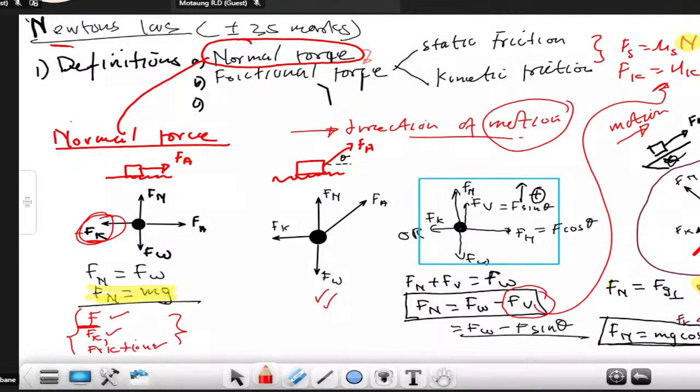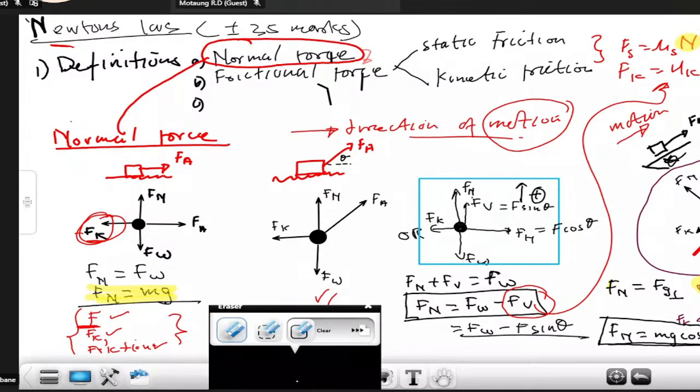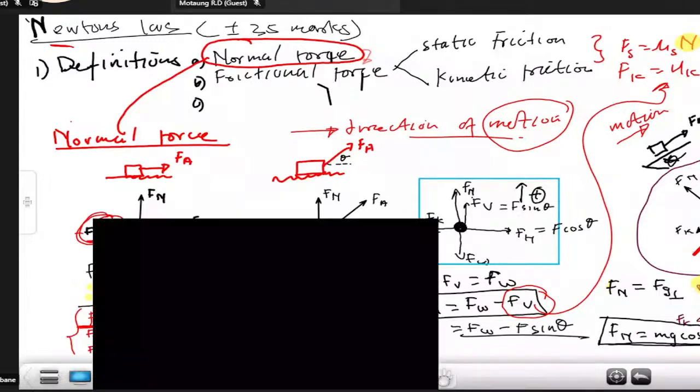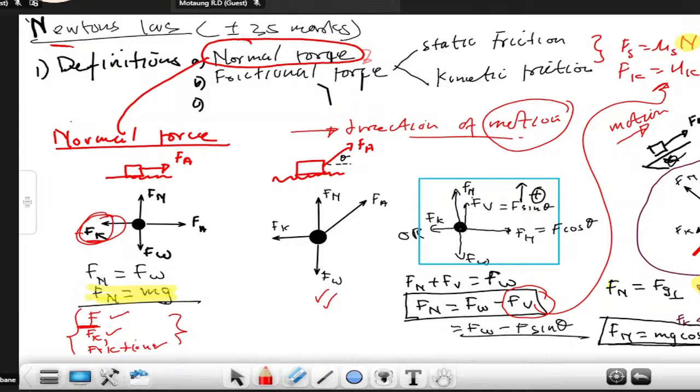So for now, let's just say Fn in a situation of an incline will be equal to Fg perpendicular, which is equal to mg cos theta. The science related to drawing a diagram there, and knowing when and how you are going to have the one that is parallel or perpendicular, is complicated science that I am not going to bother you with for now. Kindly be patient with me.